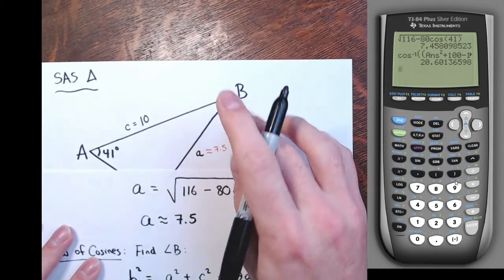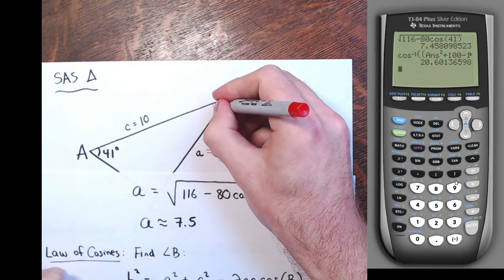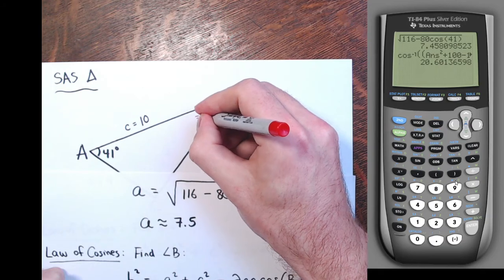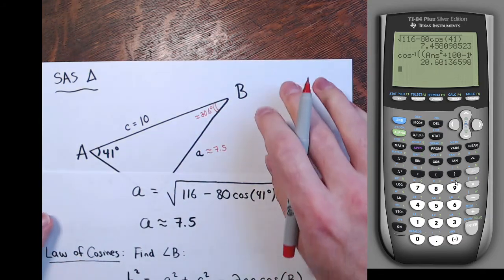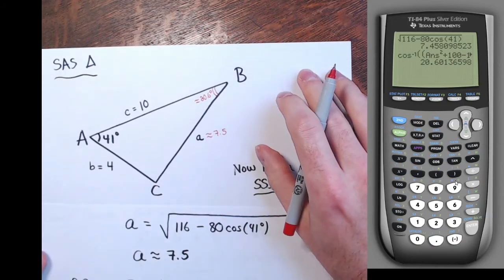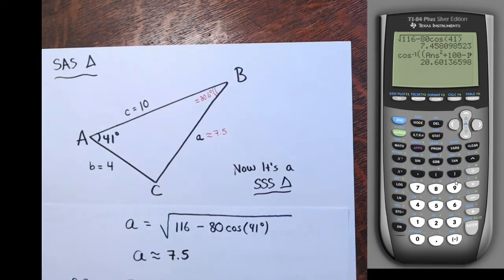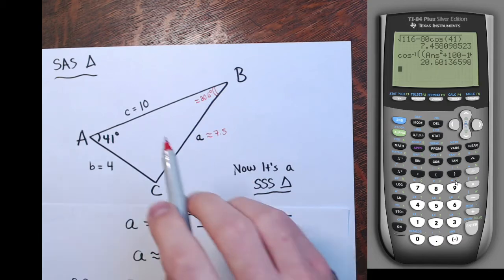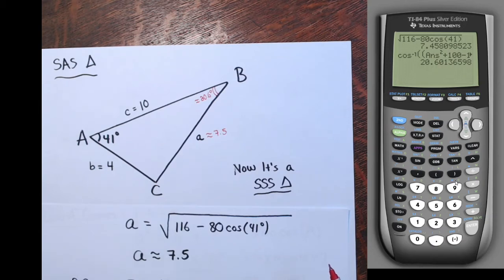All right, so I'll put that in my picture. So this angle here is about 20.6 degrees. Wonderful. Now the only missing piece left is angle C, which should now be very simple. When you know two angle measures, you can find the third one no problem.